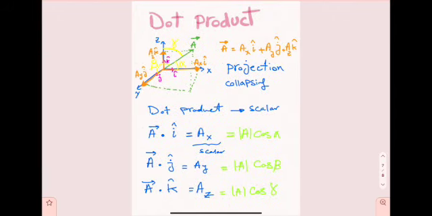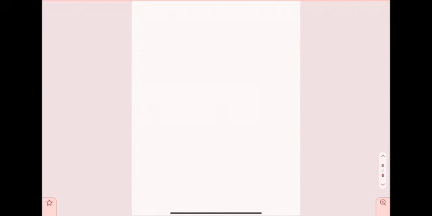So far we talked about the projection of A on the X, Y, and Z axes. But let's generalize this topic. What if we have a vector A, and then we have another arbitrary, and not necessarily orthogonal, vector, let's call it B. And we want to know what is the projection of this A on the B vector.